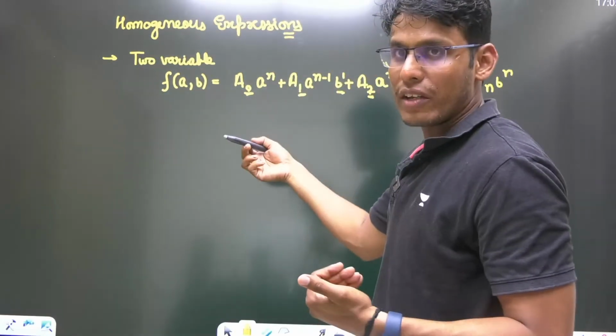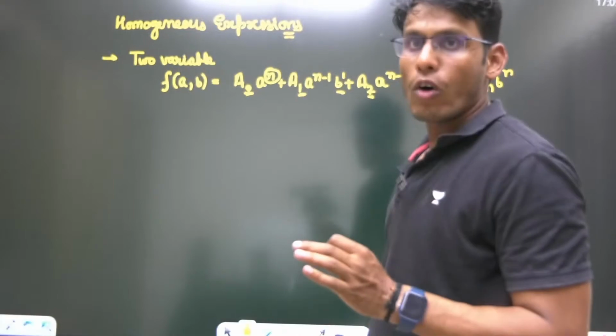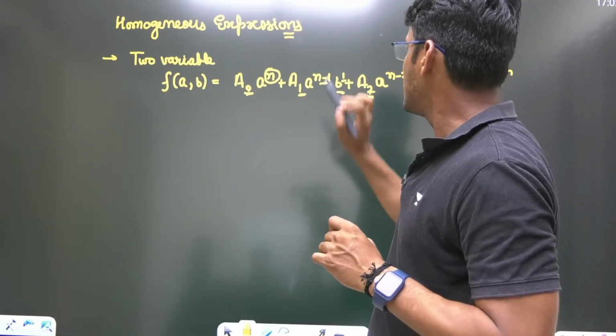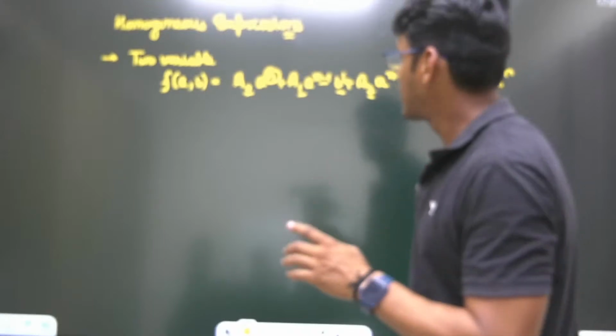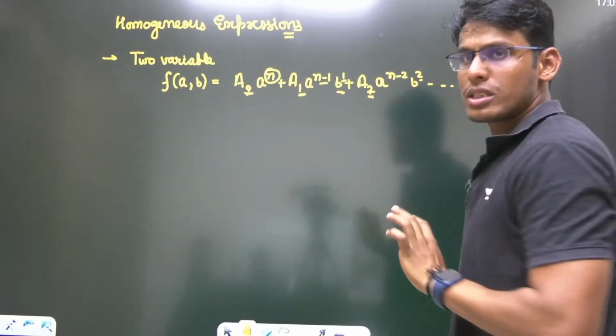This is the defining feature: the sum of the exponents of each variable is n. n minus 1 plus 1 is n, n minus 2 plus 2 is n.